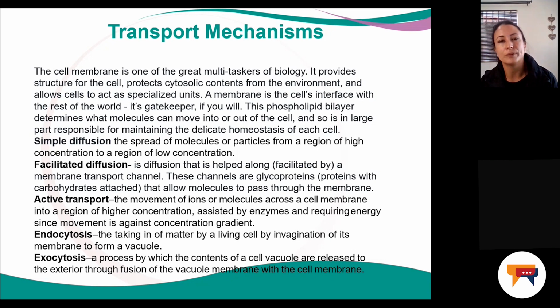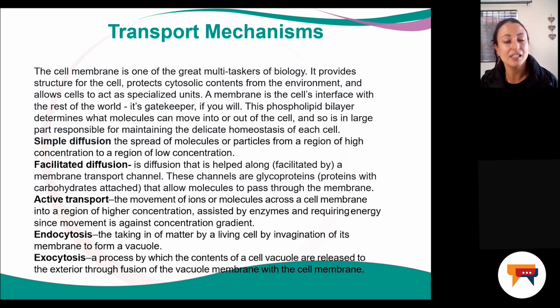So for example, if you had a deodorant can and you had to poke a hole into it, the gas inside the can would disperse quite quickly. And this is because it's moving from a high concentration to a low concentration, the way that substances usually move. So again, simple diffusion, the spread of molecules from a region of high concentration to a region of low concentration.